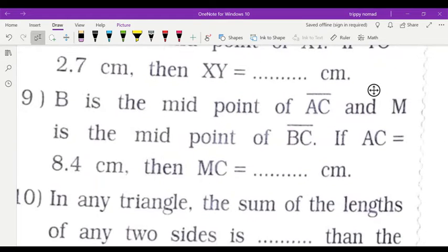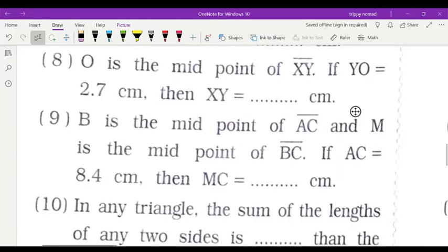Question number 9. B is the midpoint of AC and M is the midpoint of BC. If AC is equal to 8.4 centimeter, then MC is equal to dash centimeter. Once again I am going to repeat the question, as all the questions from question number 4 are related to the midpoint.